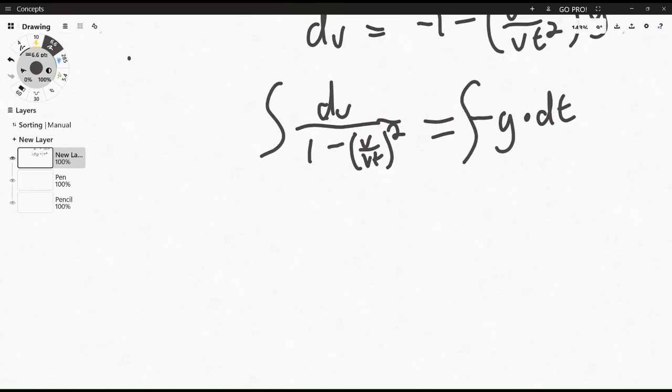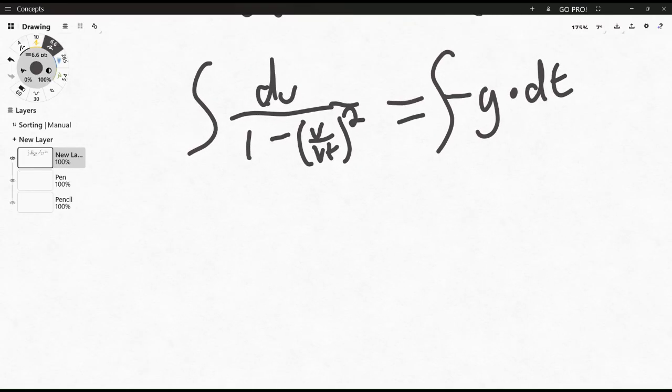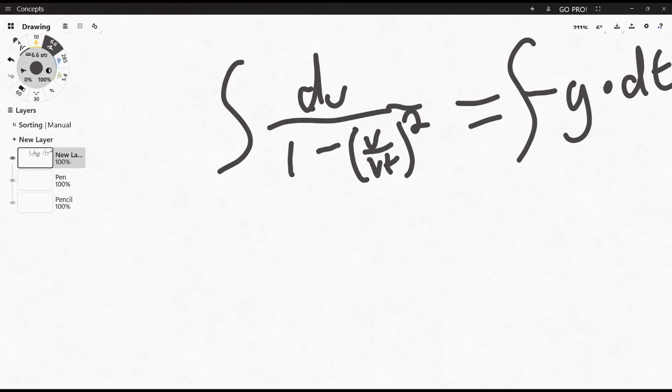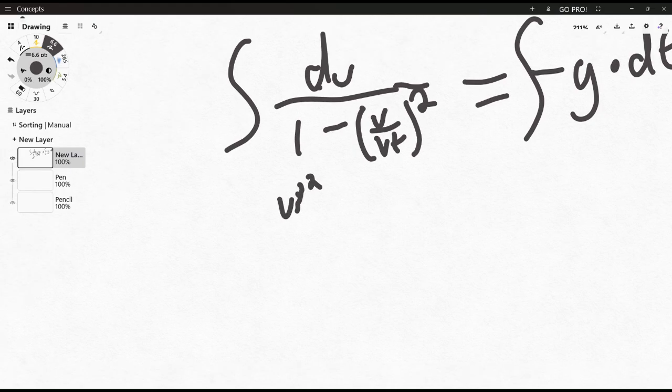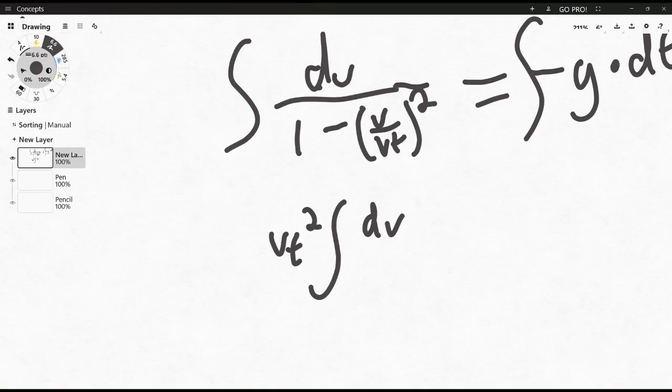So I'm going to apply an integral, take the integral of both sides. Now I'm going to multiply the bottom and the top by VT squared, right? So I'm going to multiply everything. I'm going to have VT squared on the top, integral dv, that's for the top, and then VT squared minus v squared on the bottom.